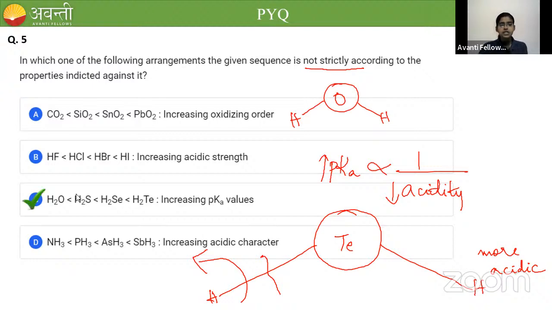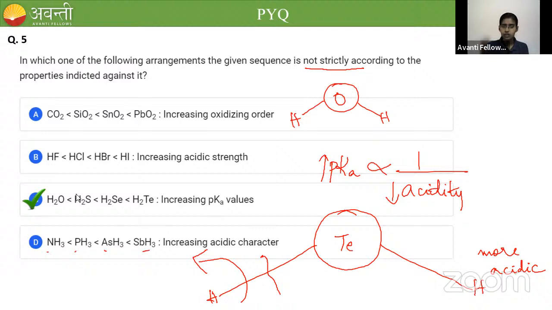Coming to option D, you can see the increasing acidic character. Acidity is increasing on moving down the group for group 15 element hydrides. Nitrogen, phosphorus, arsenic, antimony, these 4 are group 15 elements, and they form hydrides on reaction with hydrogen.